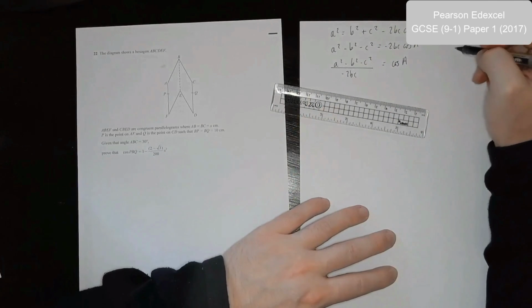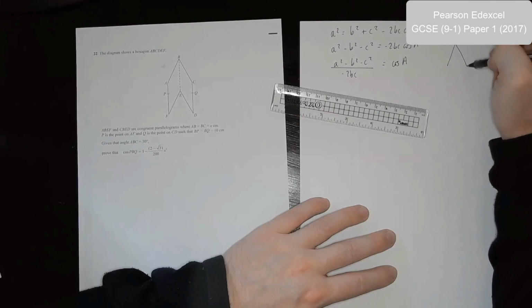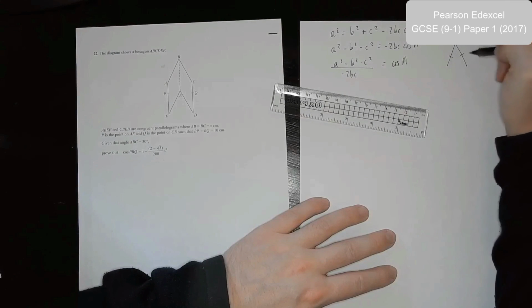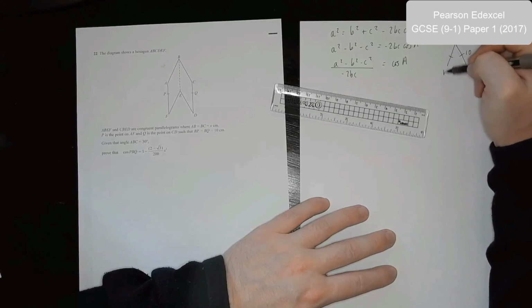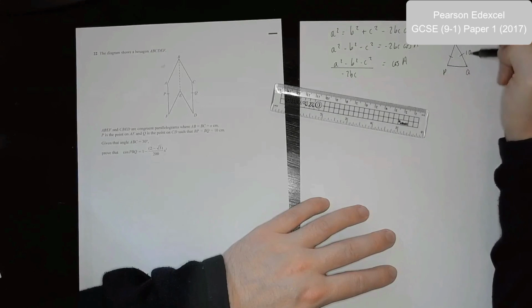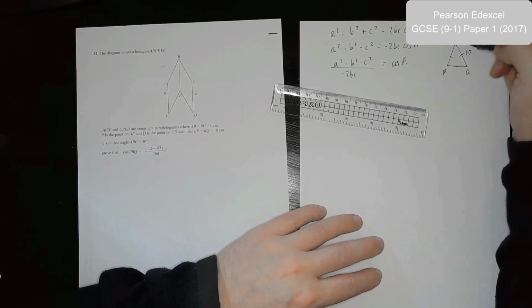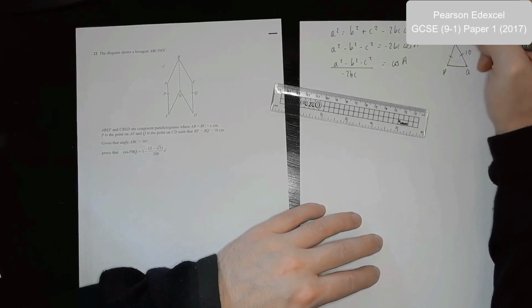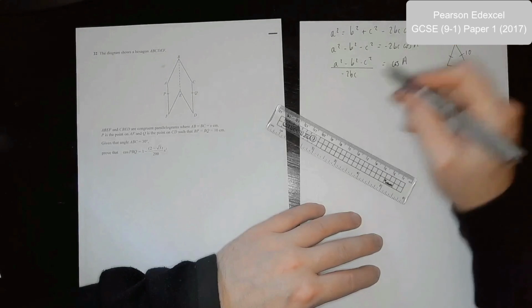And then we've got a triangle like this. And we don't know the angle at the moment, but that's PBQ.